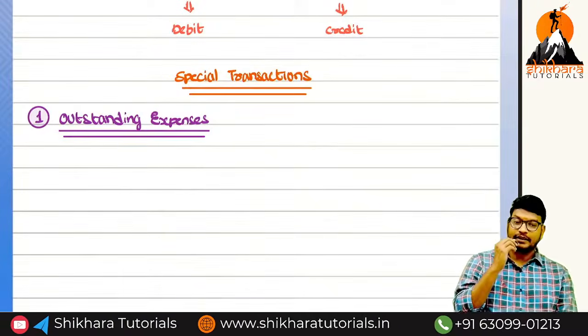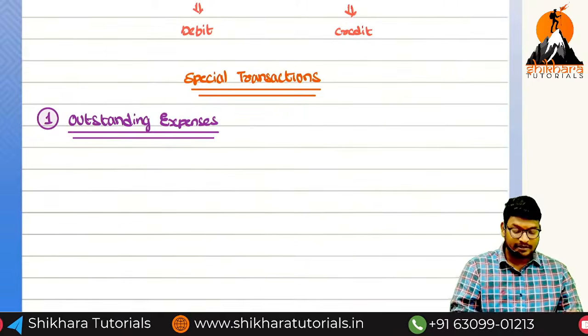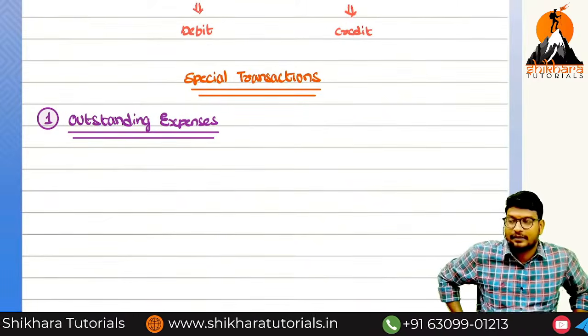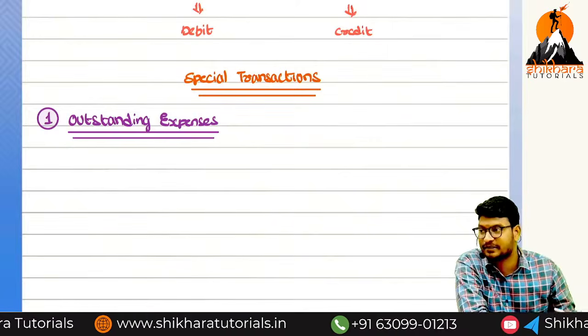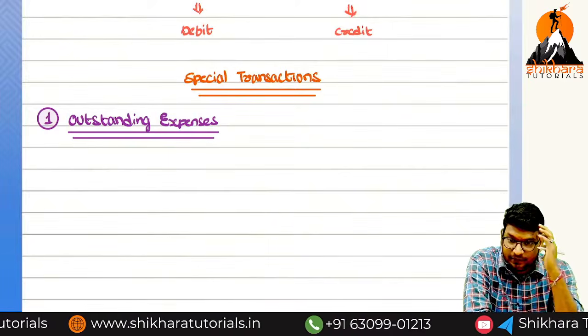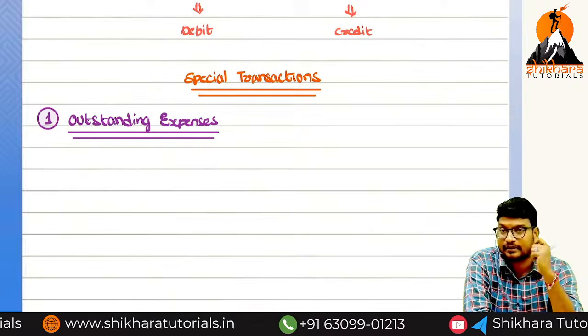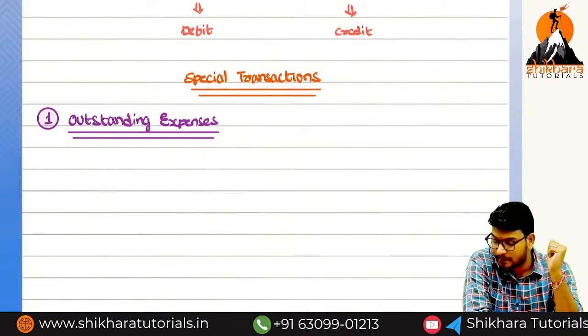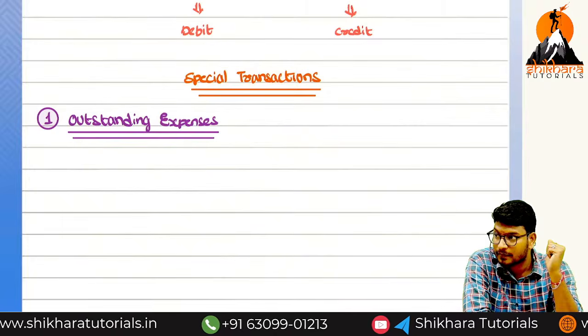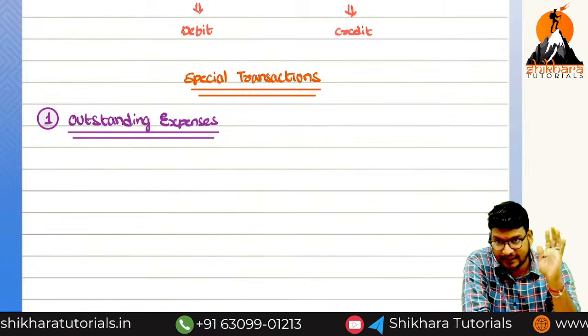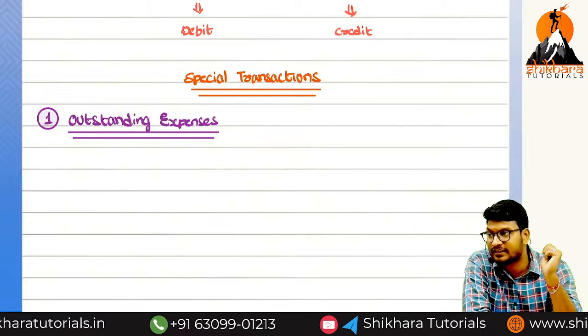Okay, can anyone in the class say the meaning of outstanding expenses? Expenses standing outside is called outstanding expenses? So what is the meaning of outstanding expenses? Can anyone? Okay, this is a liability. Then what is the meaning of outstanding expense?